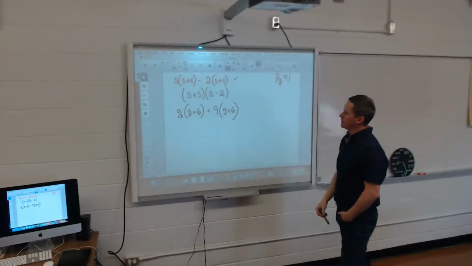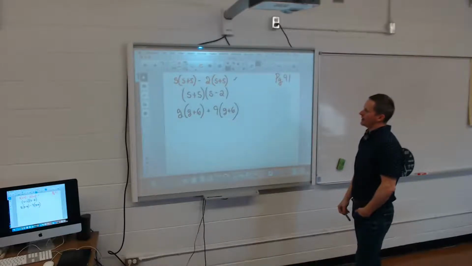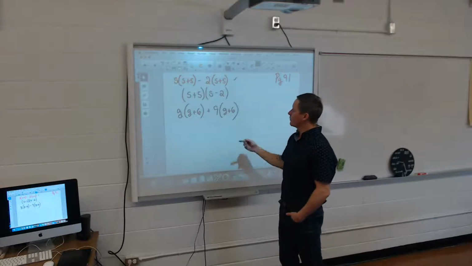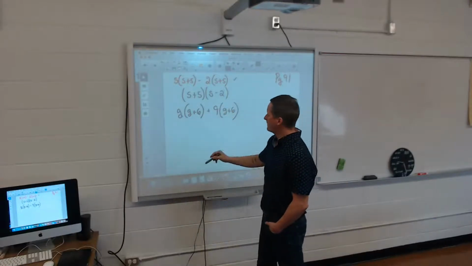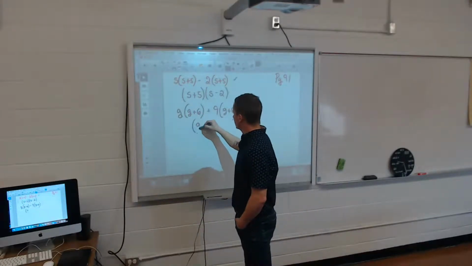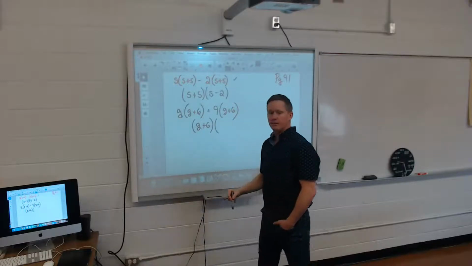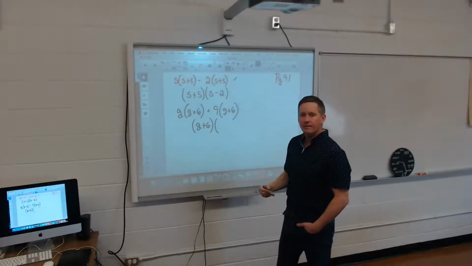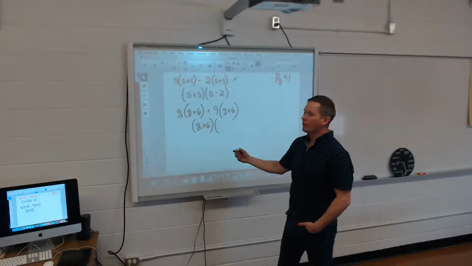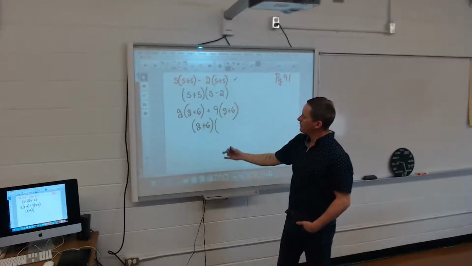this. So I've got G times G plus 6, add 9 times G plus 6. So the first bracket is whatever I have the same in both, which is G plus 6. And the second bracket is what is left over when I divide the G plus 6 out.